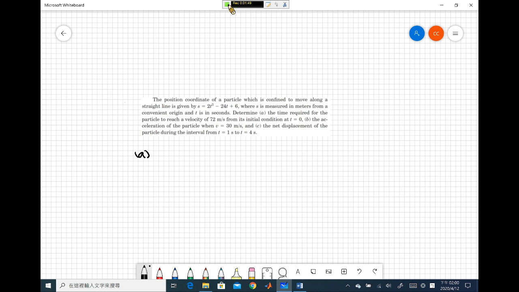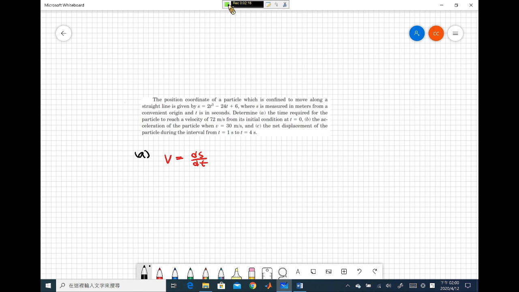Because we know this s function, and now we want to know when velocity is equal to 72 meters per second, and we want to determine the time required, let's use this definition. Your velocity v is equal to ds over dt.